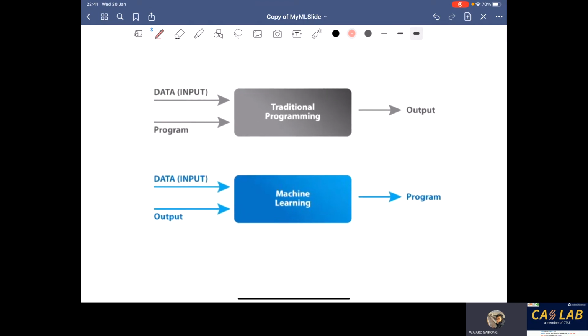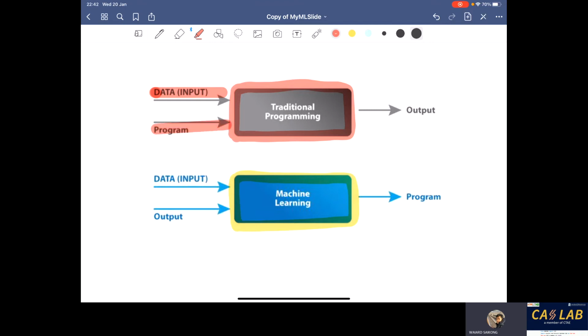This picture shows the comparison between traditional programming and the machine learning algorithm. In traditional programming, we input the data, and we program it with code and give it conditions on how to work, and we get the output here.